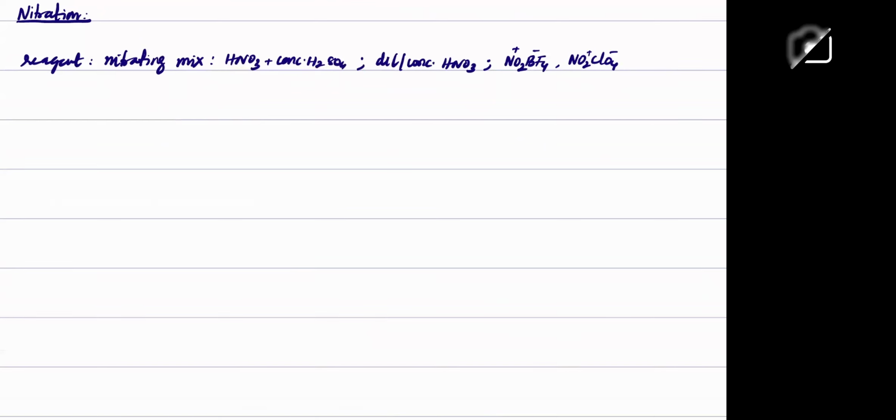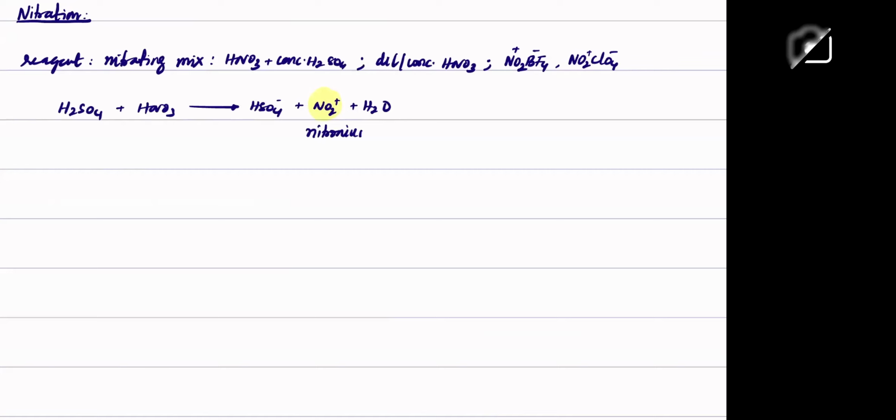This is something you should remember: if you have H2SO4 plus HNO3, the reaction that happens gives HSO4- plus NO2+ plus H2O. Got it? The electrophile is known as the nitronium ion.